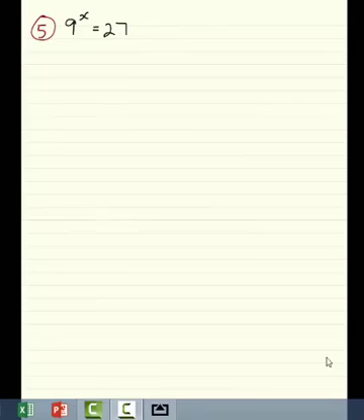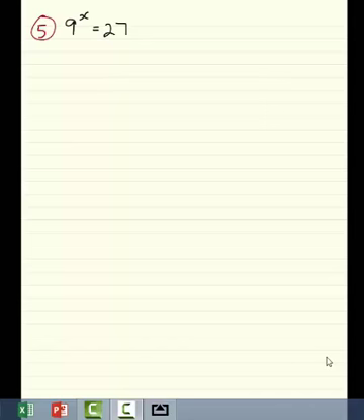Now, these ones are slightly more difficult. There is no direct number that I can raise 9 to the power of to get to 27. As soon as I square 9, I'm at 81 and it's too big. So what I need to do is then look at these two numbers, 9 and 27, and hopefully by now we realize that they're both powers of 3.